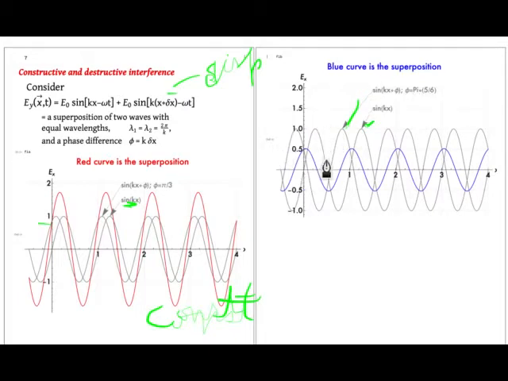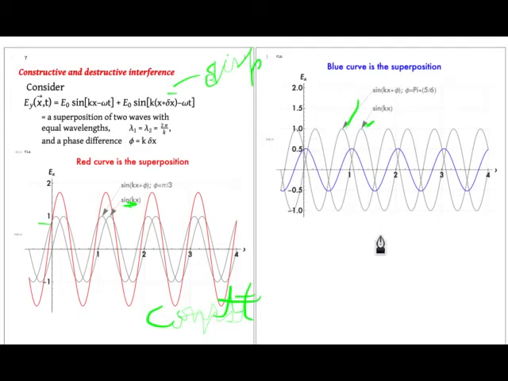And now add the two waves. Well, you see, when you add the two waves, they nearly cancel. Where this wave is large, this wave is small. Where this wave is 0, this wave is almost 0. So when you add the two waves, you get something smaller.